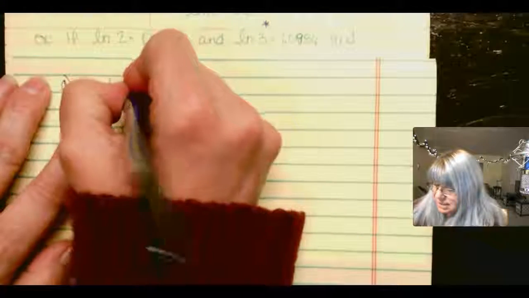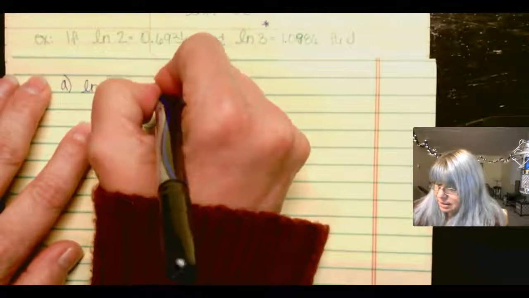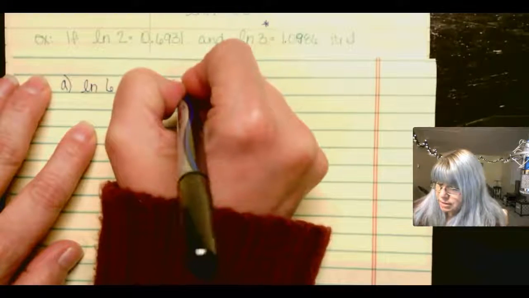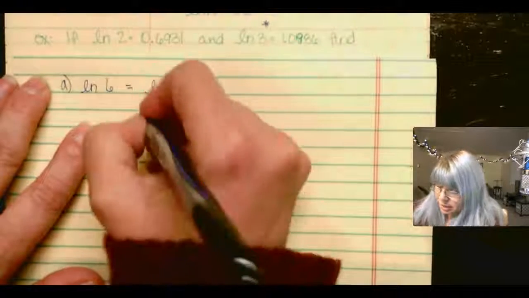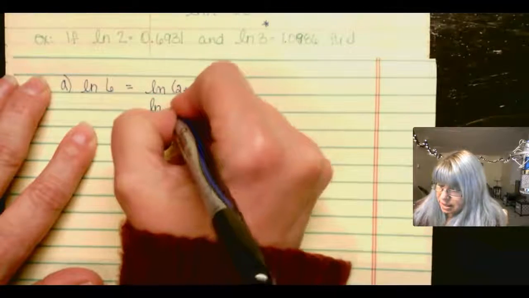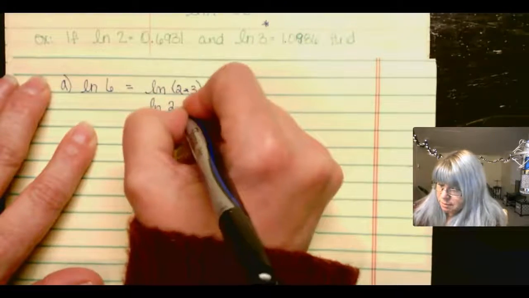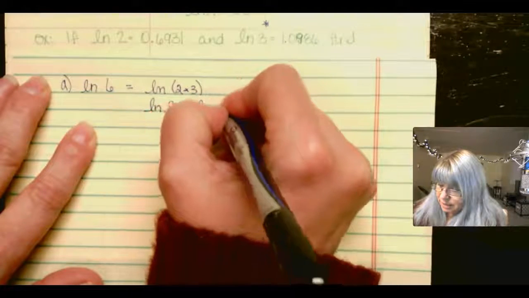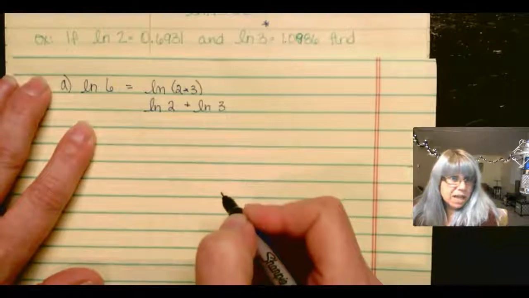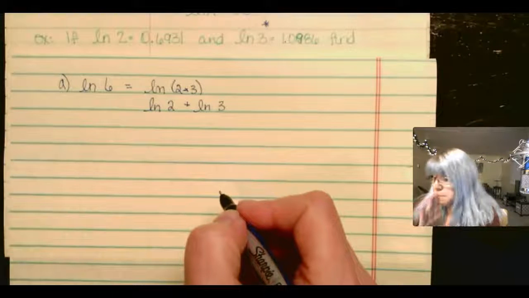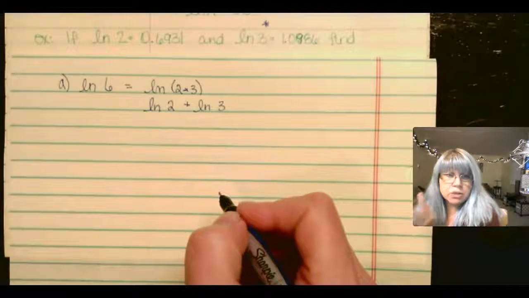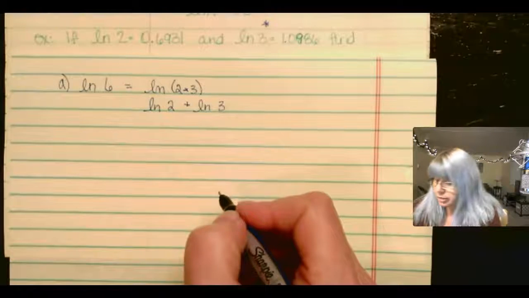Well, the ln of 6 can be written as the ln of 2 times 3, and the ln of 2 times 3 can be written as the ln of 2 plus the ln of 3. Now, I'm not using a calculator. I'm using what I'm given and the properties of logarithms to be able to do this without a calculator.